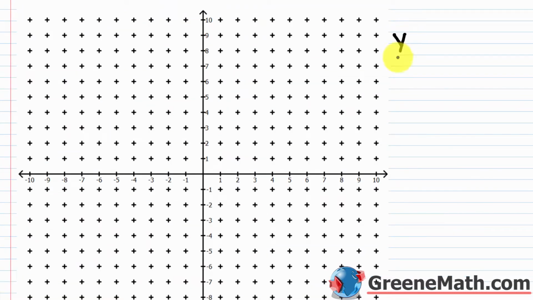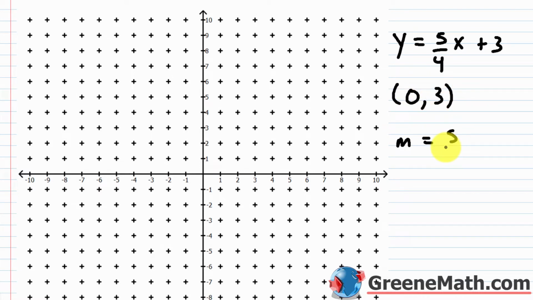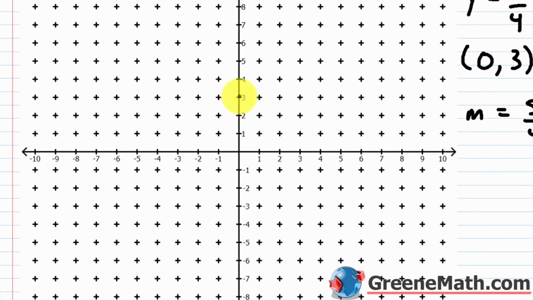So again, we found that this was y equals 5/4 times x plus 3. Now my y-intercept occurs at 0, 3. And again, slope m is 5/4. So where is 0, 3? Well, it's going to be right here.